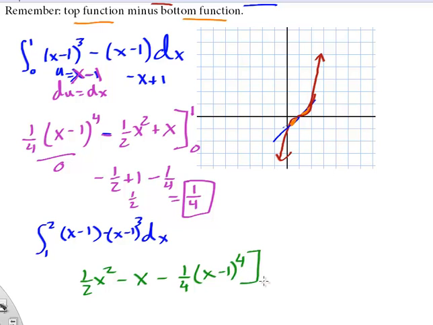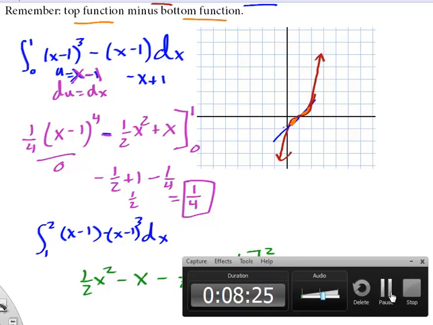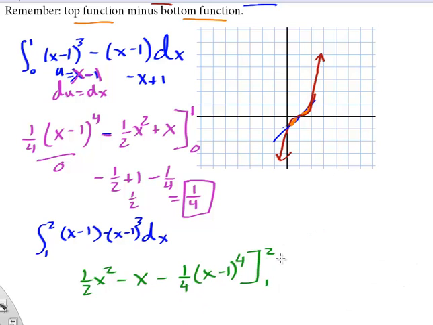We are running this from 1 to 2. This calculation will be from plug and chug at 2. So this will be equal to 1/2 times plug and chug at 2, a 4. I always like to write that 4 a little bit higher so I can see the quick cancellation.